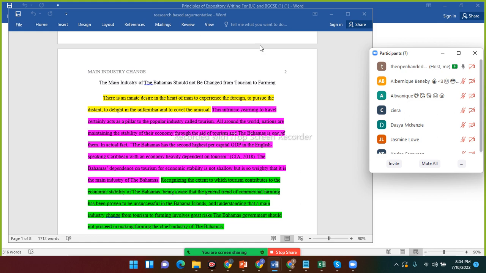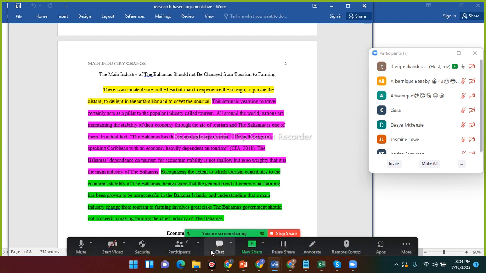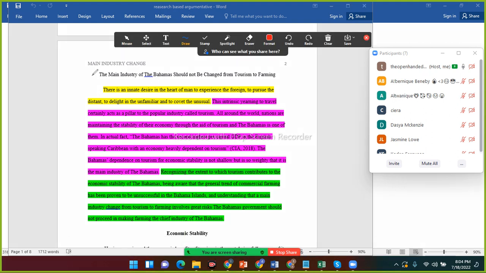So in writing the introduction, we know we need three parts, right? We talked about this last time. Three parts to write an introduction. You need the hook, and the hook is going to grab your reader's attention. Okay, that's the hook.